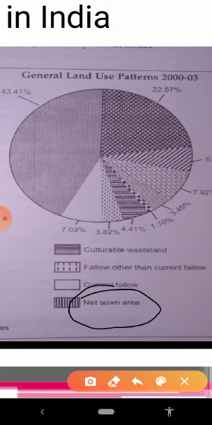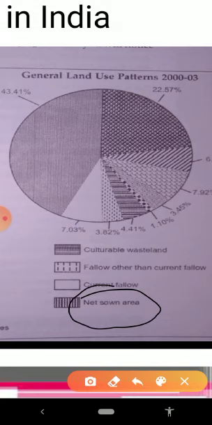After that, we will discuss the forested area. It is the second most important land use in India. Various organizations are making efforts to increase area under forests for maintaining ecological balance and sustainable development.